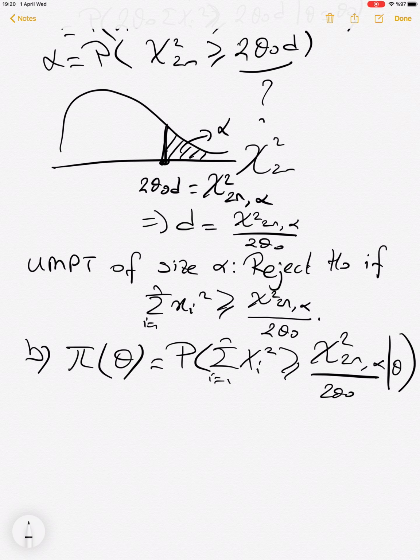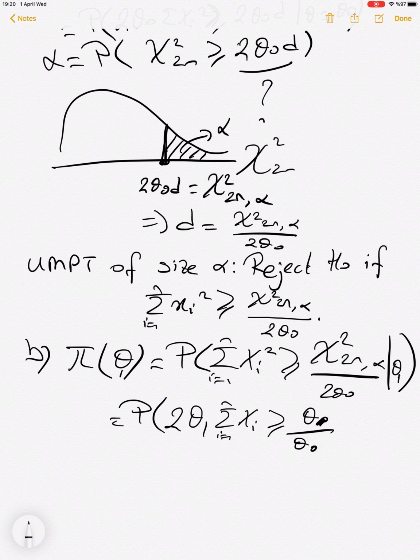Okay, so for any theta we can do that, or theta 1 let's say. So let's put 1, and now our true theta value is theta 1. So multiplying with 2 theta 1 summation xi square makes it a chi-square random variable. So 2's cancel out and we have theta 1 over theta 0 chi-square 2n alpha given theta 1.